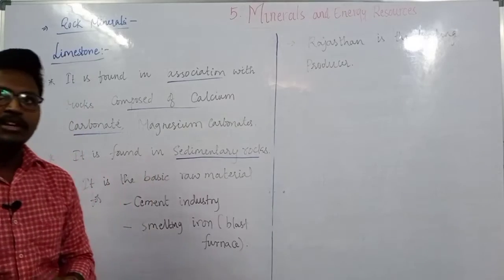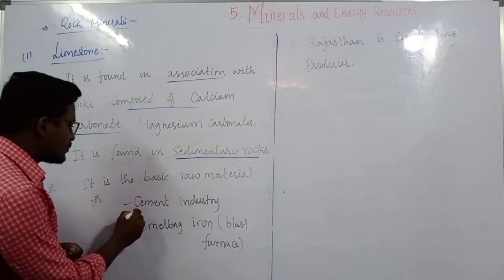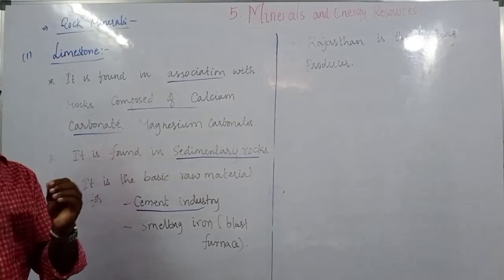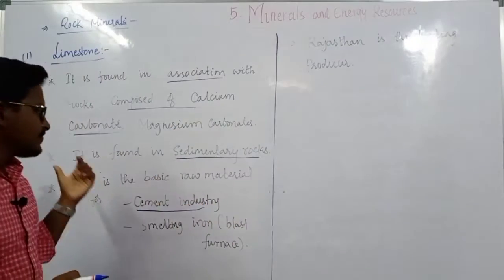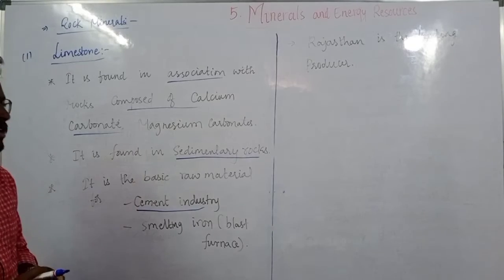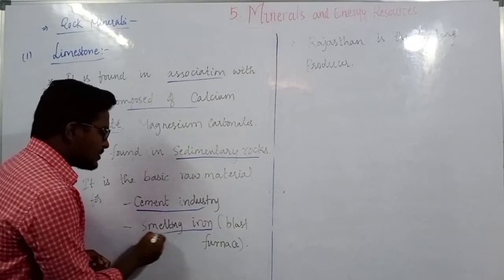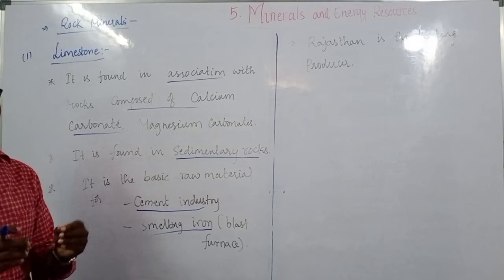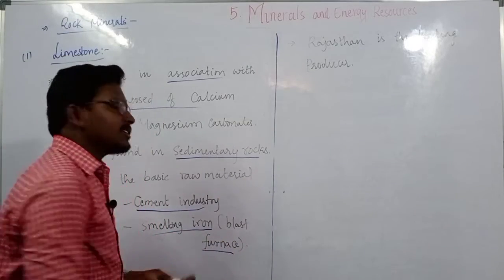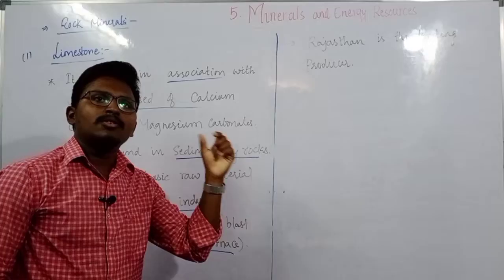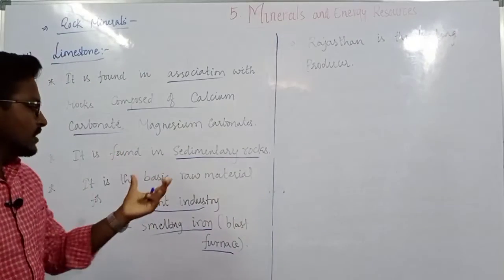Why is it a basic raw material? You can see it is mainly used in the cement industry. You all know that cement is mainly manufactured by using limestone, and not only that, it is also used in the smelting of iron. That means when iron ore is heated and burned in the furnace, limestone is highly used in that also.